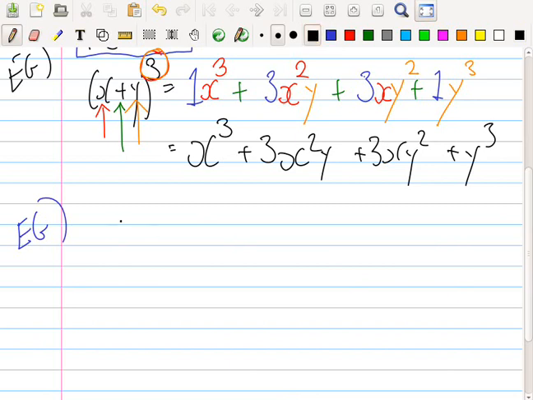Okay, so let's say (2 minus x), and let's do square, for example. Oh no, maybe we'll do a bigger power. We'll do 4. So what do I do first?